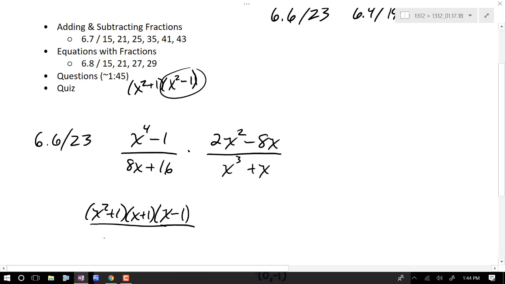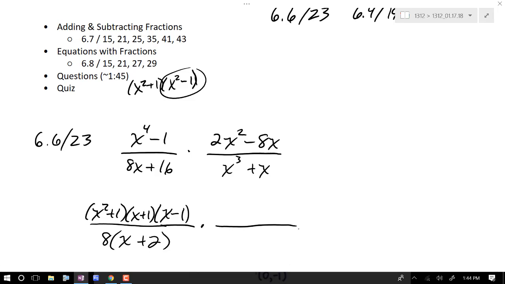On the bottom? You take out the 8. Yep, and we get x plus... yes. How about over on the right? Take out a 2x, and what are we left with inside? x minus 4.